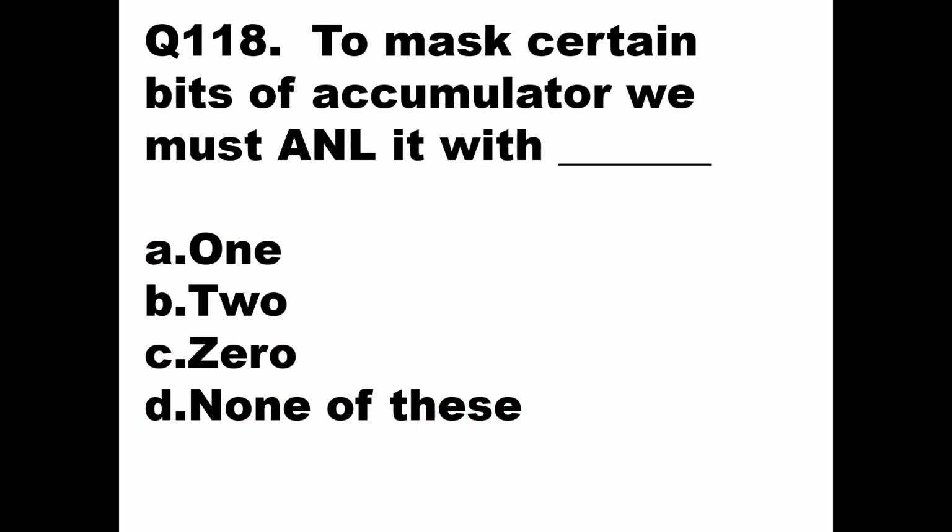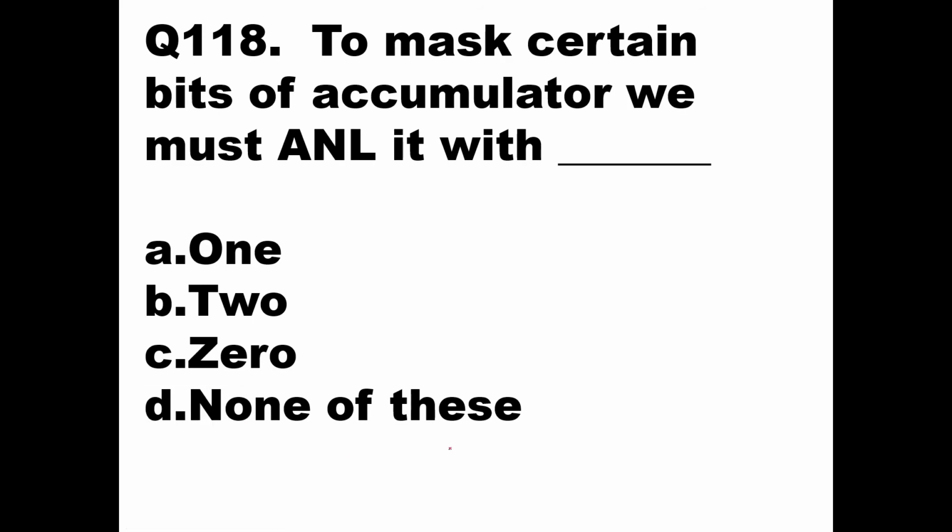Then we'll go to the next question, question number 118. To mask certain bits of the accumulator, we must ANL, AND logic it with what? If you want to mask, it means you want to make it 0. So what you have to do is AND everything with 0.